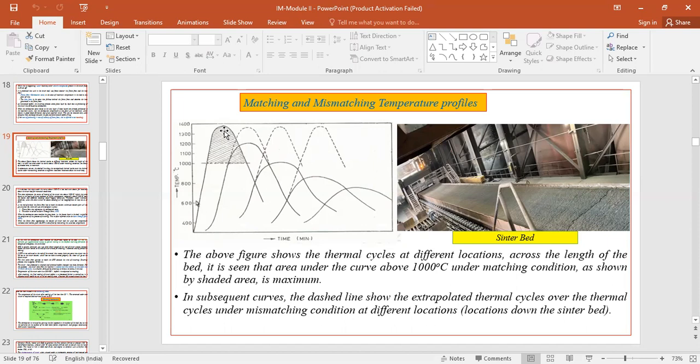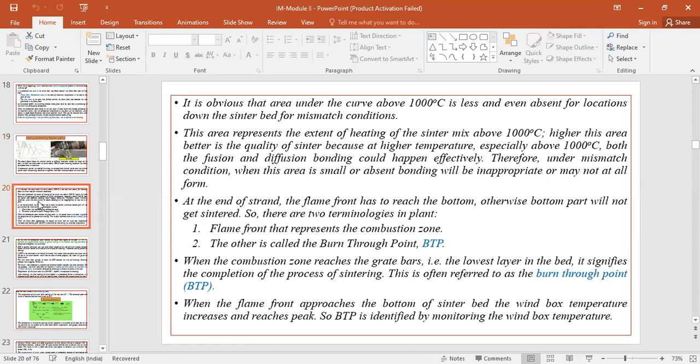What is happening here and in the other layers is that the layers attaining temperatures above 1000 degrees centigrade will have good fusion and good bonding between the particles, and sintering takes place effectively. Whereas the layers attaining a temperature less than 1000 degrees centigrade, the localized fusion is not taking place and the bonding between the iron particles is not taking place, which leads to poor sintering.